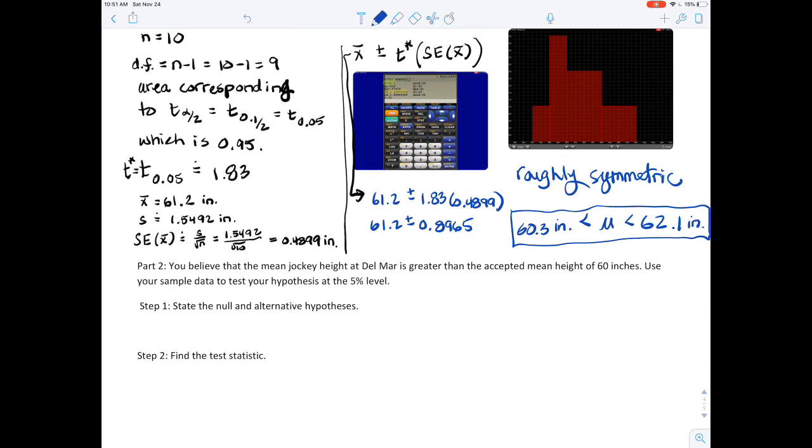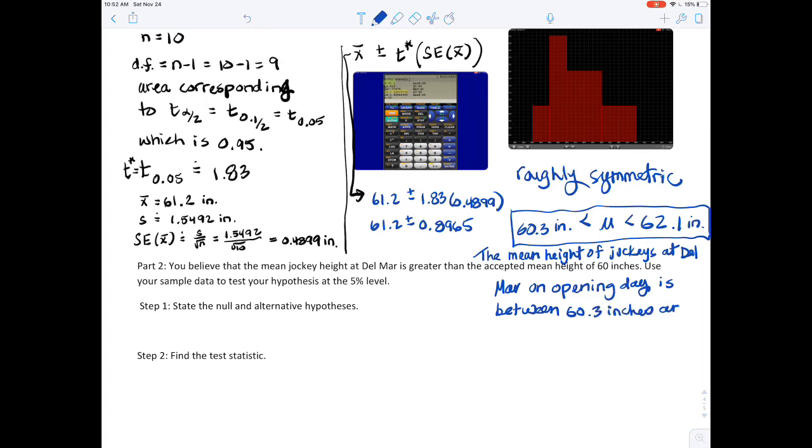So the mean height of jockeys at Del Mar on opening day is between 60.3 inches and 62.1 inches, and that was at the 90% level of confidence.